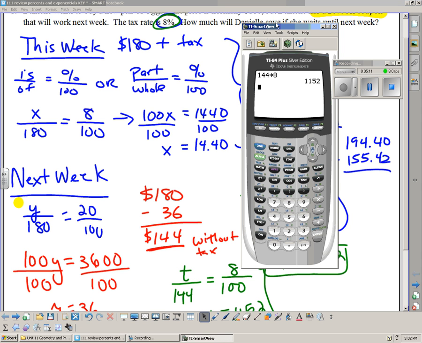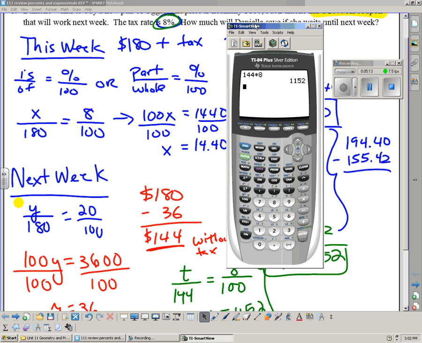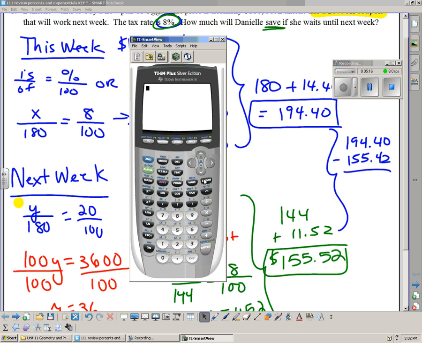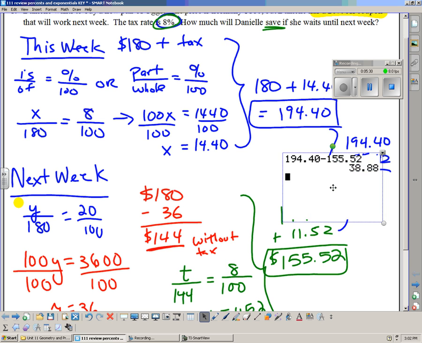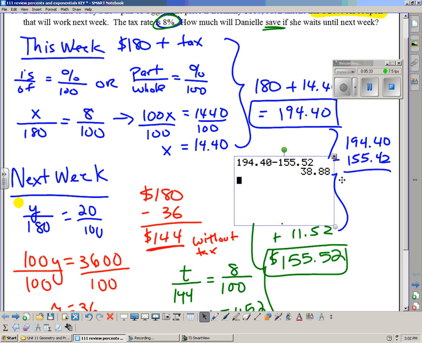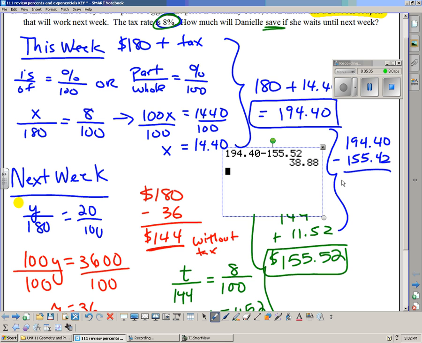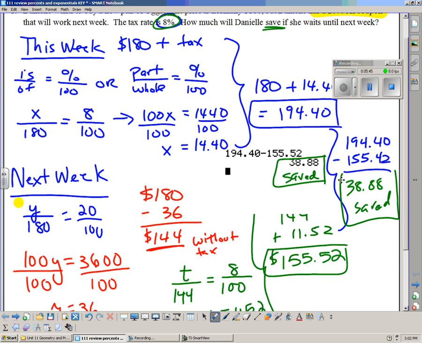It's going to be 194.40 minus 155.52, which equals $38.88. So she will save that amount of money. So the final answer is $38.88 saved. So I would want to wait. That's a lot of money.